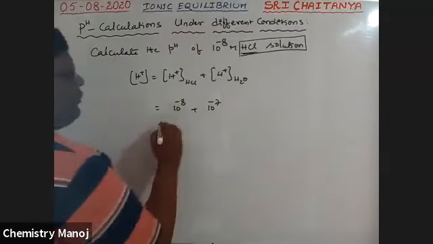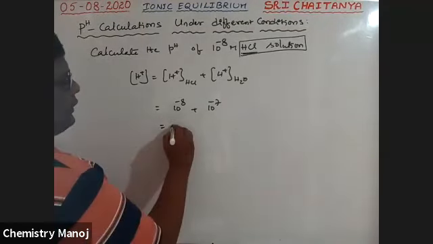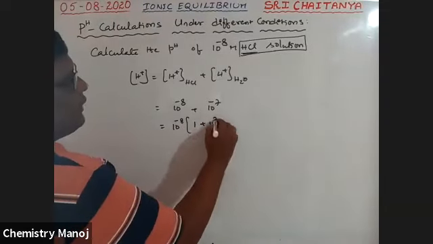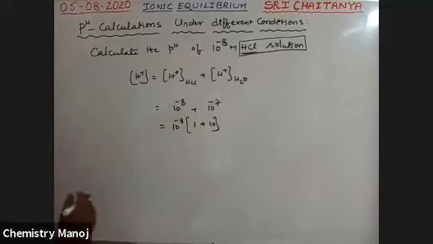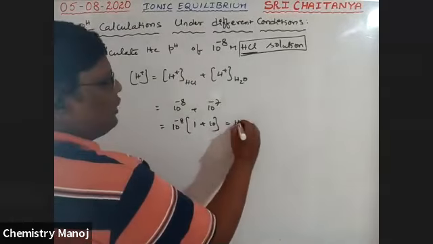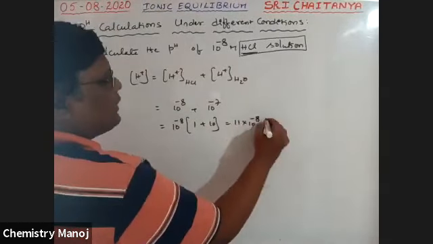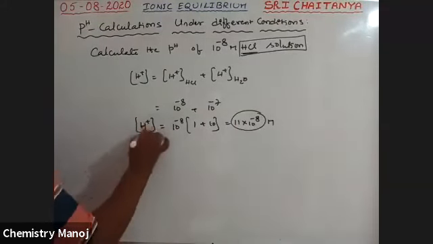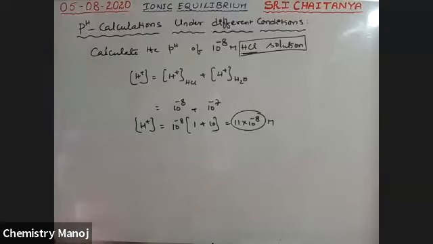Now I am taking 10 power minus 8 common, that is 1 plus 10, which is equal to 11 into 10 power minus 8, the concentration of H plus ion.